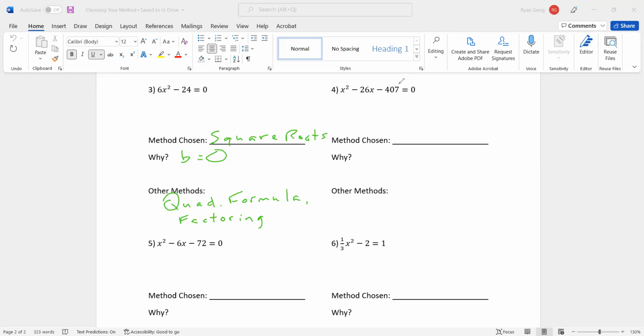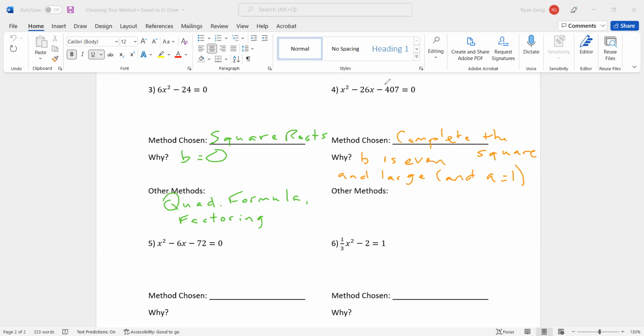Okay. Number 4. Yeah, this is a complete the square. Why? B is even and large, relatively large, right? And A equals 1.